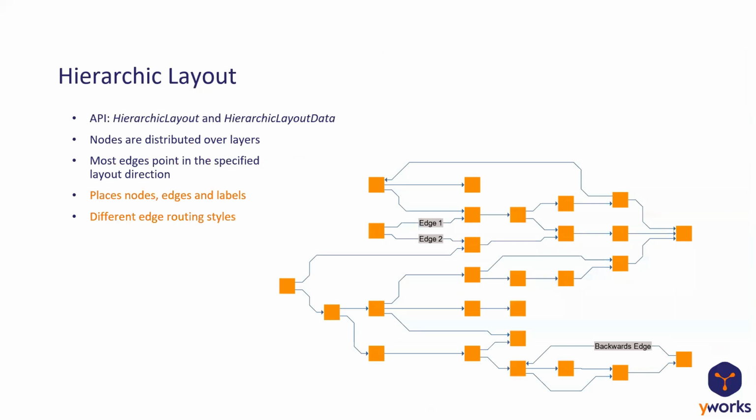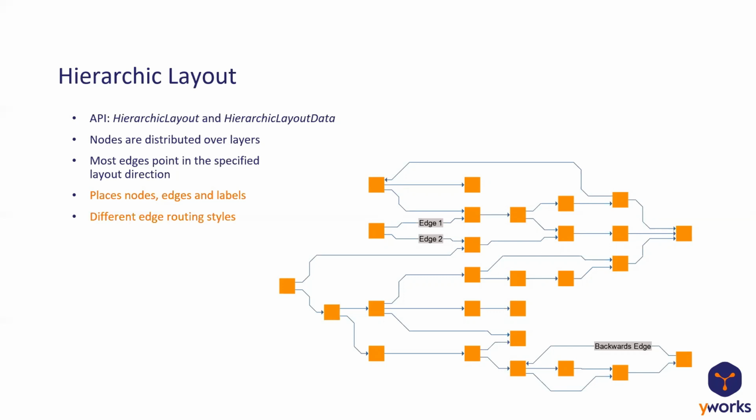Furthermore, the hierarchic layout places nodes, edges, and labels. So it can be responsible for all elements at the same time. And it also offers different routing styles for the edges. In the previous slide, you've seen edges that are orthogonal, which has only horizontal and vertical edge segments.